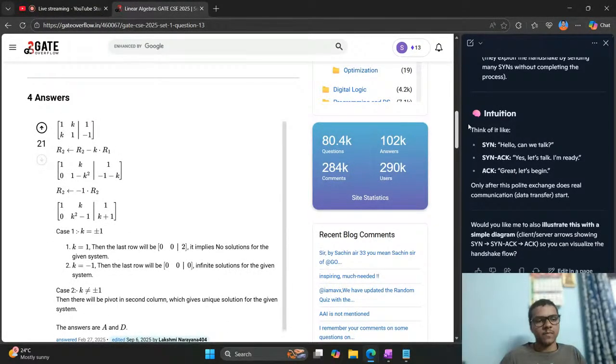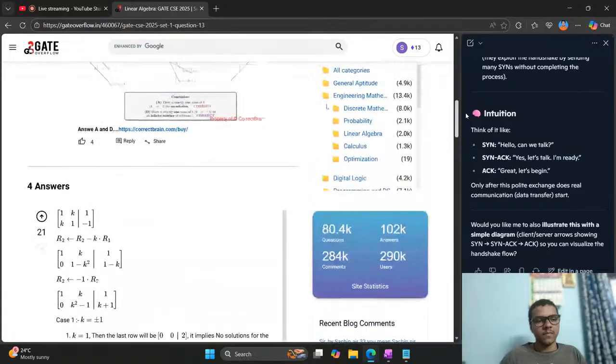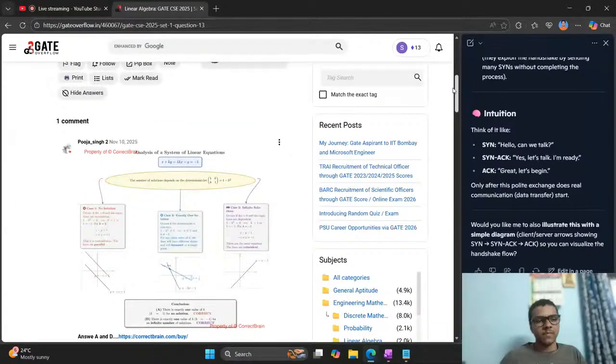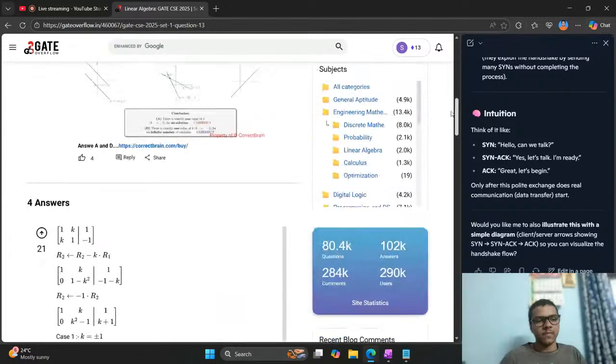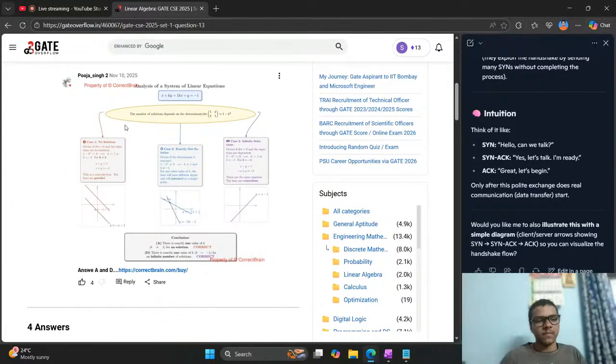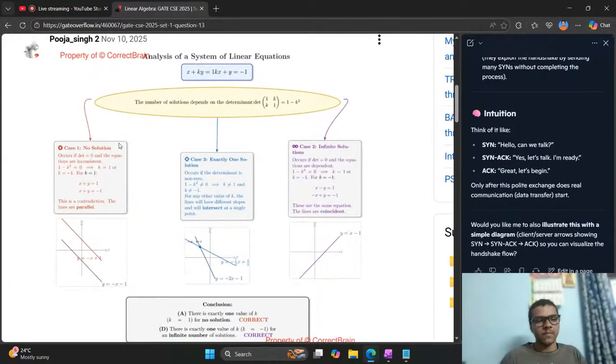Right. R2 minus kR1. This actually seems easier, does it not? That is equal to 0 and the equations are inconsistent.